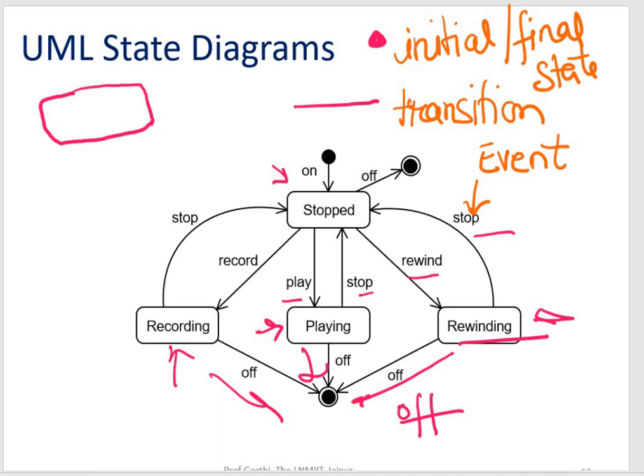So the solid arrows are used to represent the transition or the change of control from one state to another.